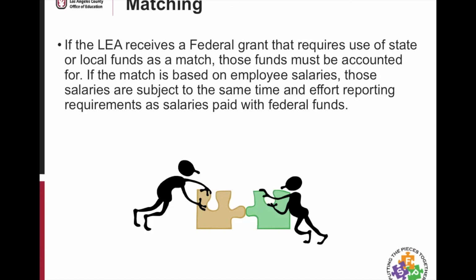So typically you have a state general fund employee, 100% LCFF, general fund, no problem, no time and effort required. But you receive a grant that requires a match and you go, hey, we could use Harry's salary as a match because it meets criteria. If you do that, then Harry has to do time and effort reporting. So it triggers time and effort reporting if you use state funds for a match.